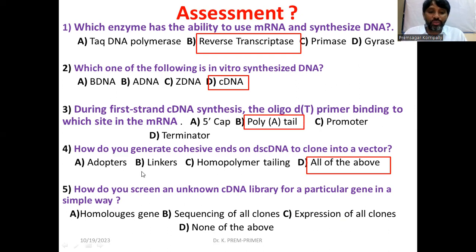You can use adapters or linkers or both of them, right? Here, the fifth one is, if you have a homologous gene, then you can screen simply, right? So this is all about cDNA library: the definition and necessity of cDNA library, the steps involved in making a cDNA library, and types of cDNA libraries, right? So, the applications, screening, and disadvantages of the cDNA library.